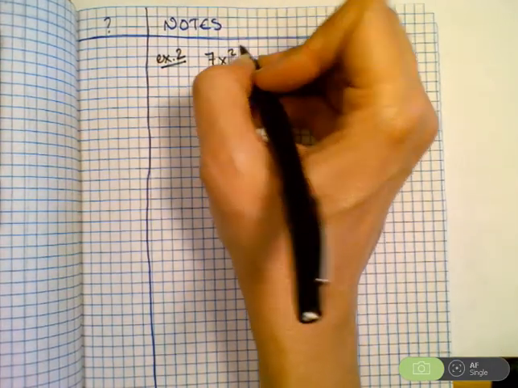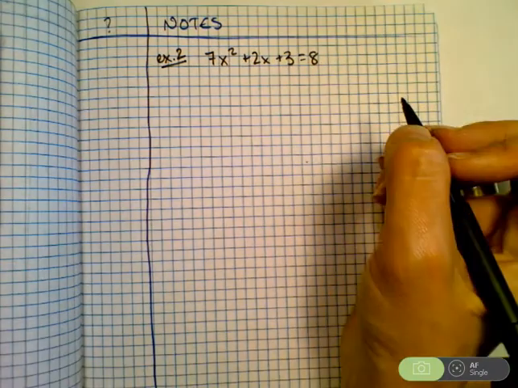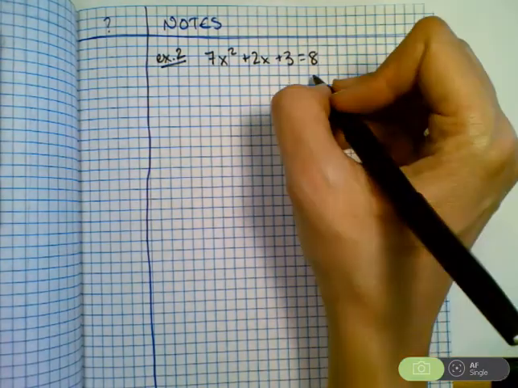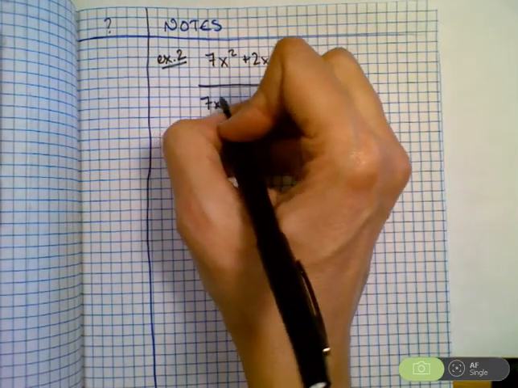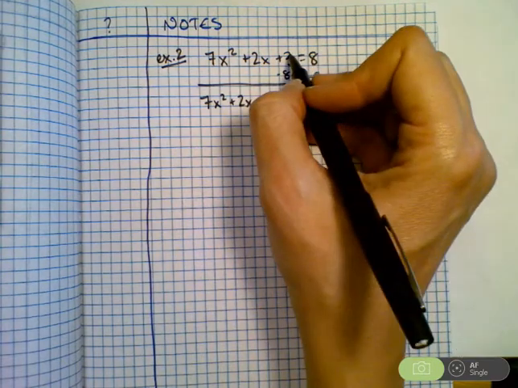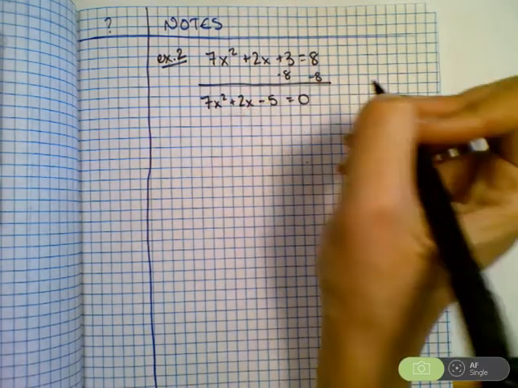So 7x squared plus 2x plus 3 equals 8. So again, I want to start by getting equals 0, so I'll subtract 8 on both sides, which will give me 7x squared plus 2x, 3 minus 8 is minus 5, equals 0.